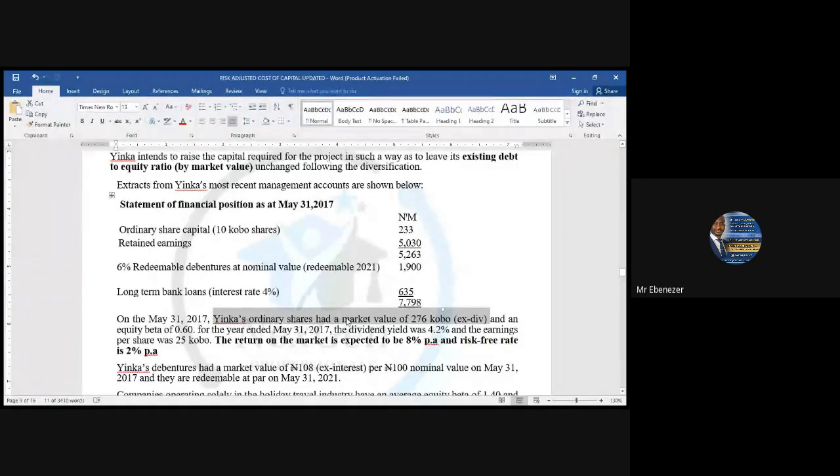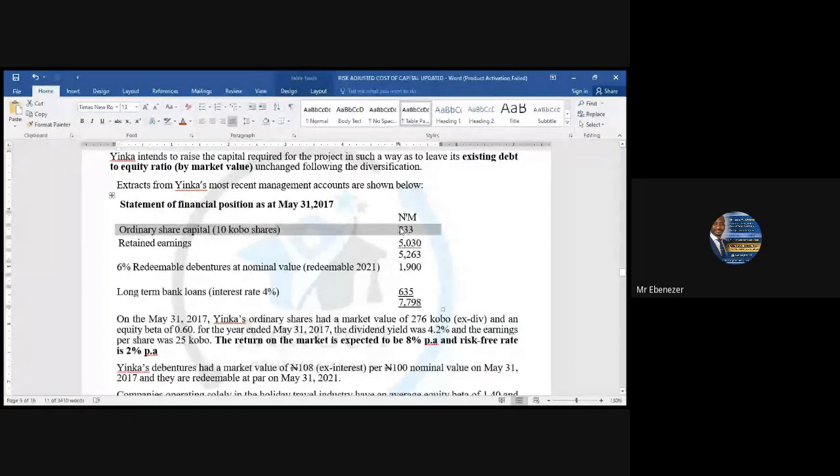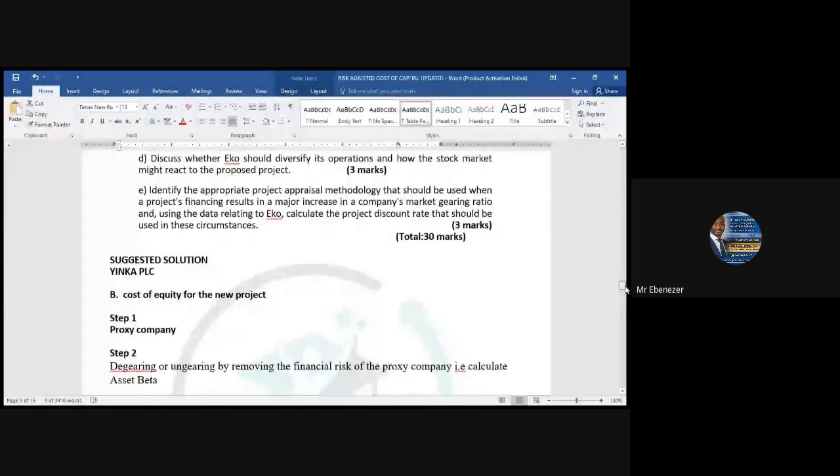You see it there. So the ordinary shares are the market value of 276 cover as div. That is what we need because we want to determine the value. The book value of ordinary shares is 233, while the nominal value is 10 cover.